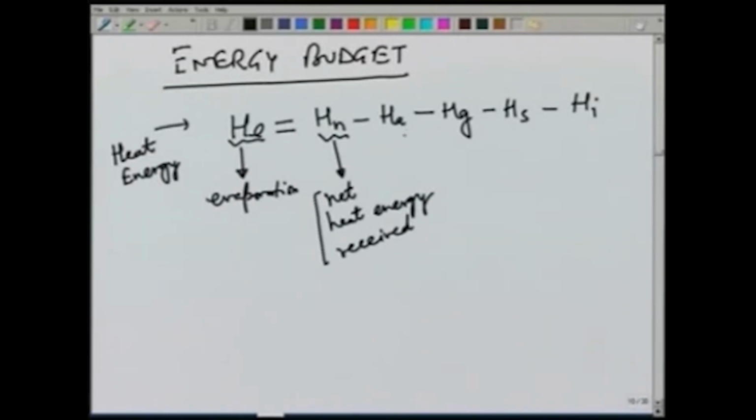Ha is the heat which is transferred to air or lost to air. So, we can say that this is the heat transfer from water to air, or we can say sensible heat transfer from water to air. This is heat transfer to ground.